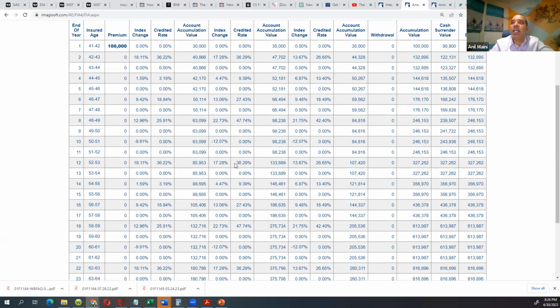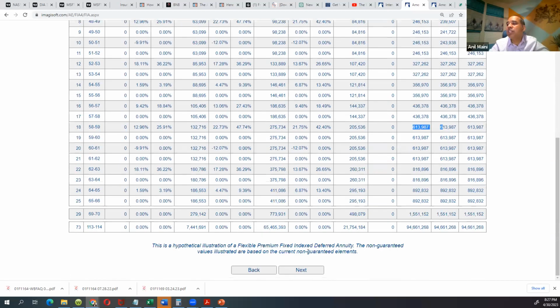Yeah, so in the product where there is no initial bonus, the participation rate is much higher. So $100,000 in 10 years will become 246K, and in 18 years it became 600K. This return is kind of unbelievable for clients, and this is based on real numbers.